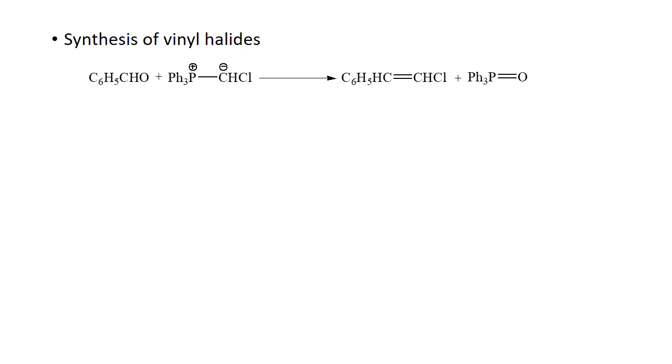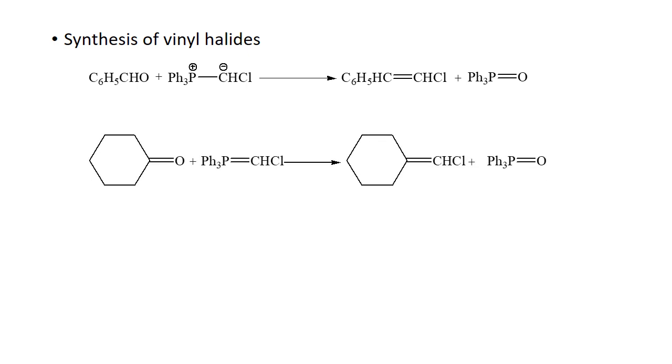So when we treat triphenyl phosphine with a fluorocarbene, we form this type of Wittig reagent which helps us in the preparation of vinyl halides. Vinyl halides are the ones which have the halogen directly attached to the carbon which is on the double bond. As we can see, this is another example. It is also an exocyclic vinyl chloride.